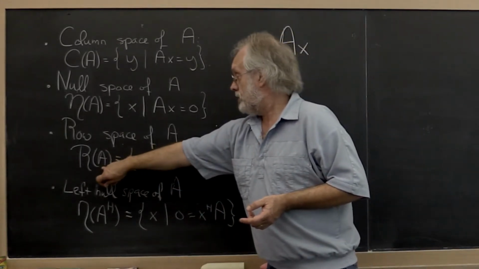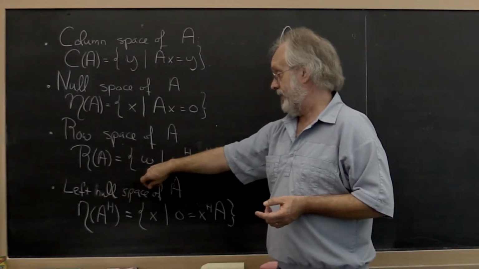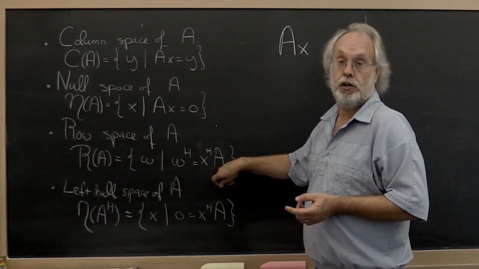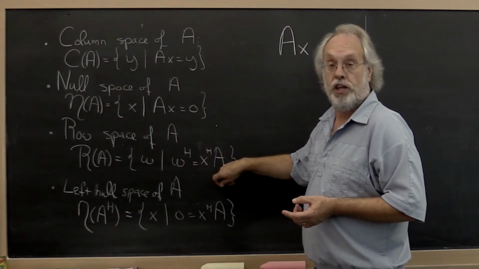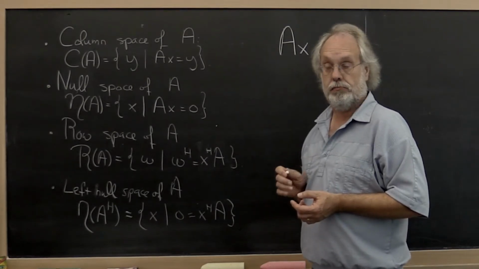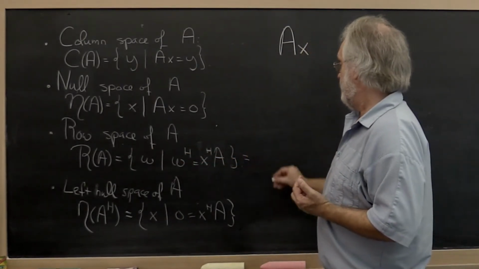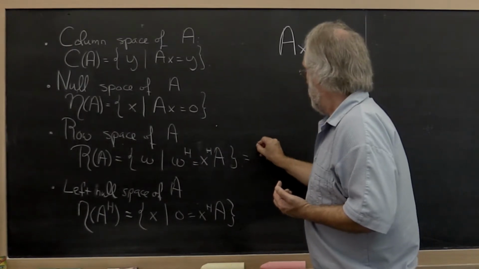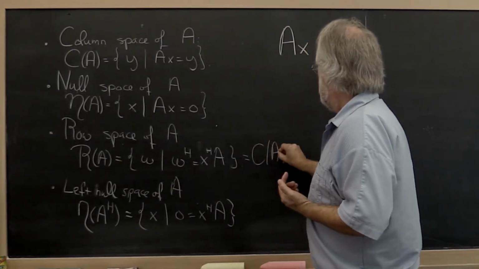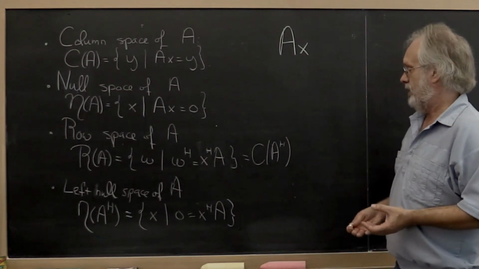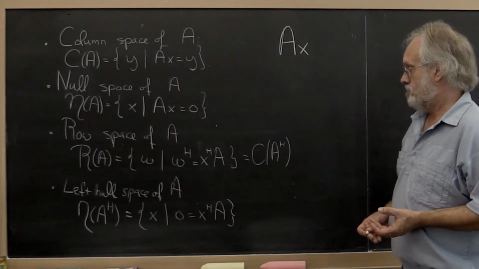The row space of A consists of column vectors that can be created by taking linear combinations of the rows of A when you view those rows as column vectors. That's what this here says. And obviously, the row space of A is equal to the column space of the Hermitian transpose of A, or the transpose of A, whichever you prefer.